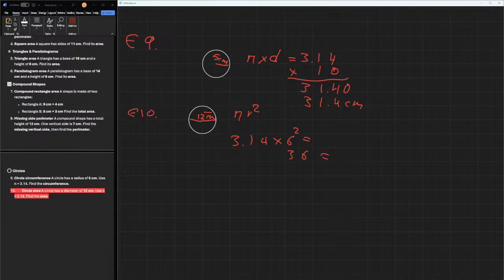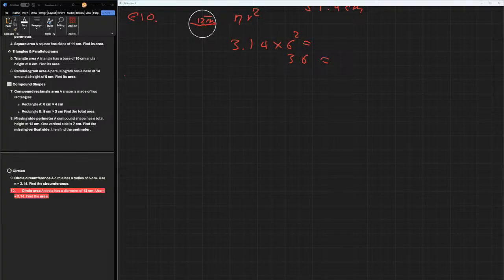Six times 4, 24. 3 times 6 is 18. Then we have 3 times 4 is 12.